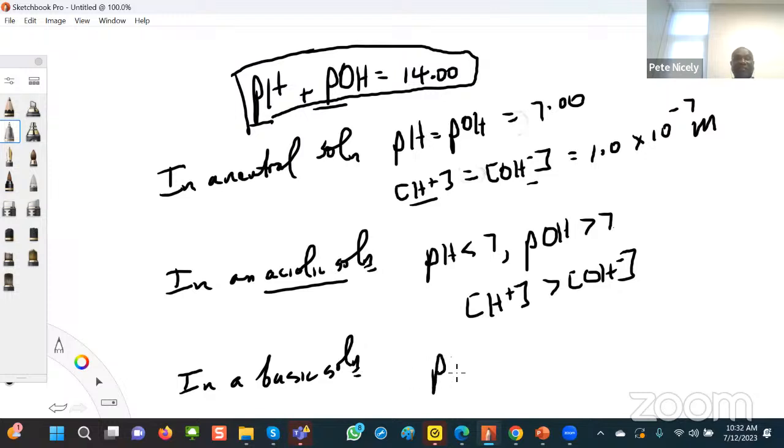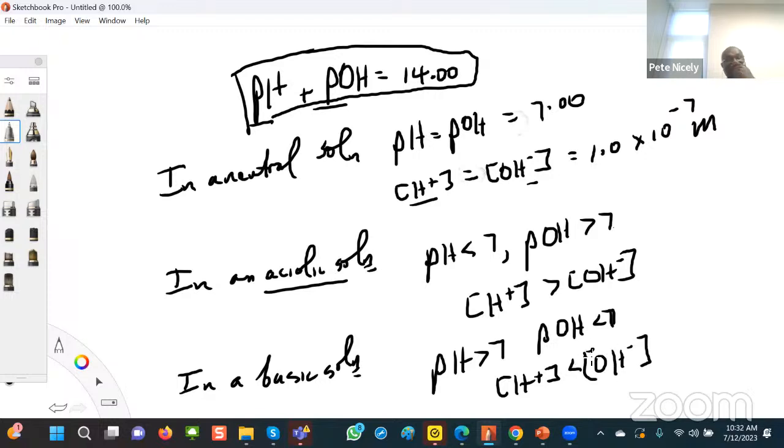In other words, the pH would be greater than 7 and the pOH would be less than 7, which means that the concentration of H+ would be less than the concentration of hydroxide ion, all right? And this is very important for you to understand, because one mistake that students sometimes make is that they assume that because a solution is acidic, that means it has no hydroxide ions. That's not true, right? What the term acidic means is that the concentration of H+ is greater than the concentration of the hydroxide ions. And the opposite is true for a basic solution, all right?